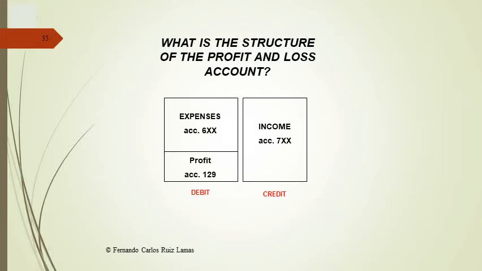In order to disclose the components of the result for the period, we use Group 7 accounts for income and gains, and Group 6 for expenses and losses accounts. In terms of journal entries, in the column on the left, we debit expenses, equity reductions, and in the column on the right, we credit income, equity increases.